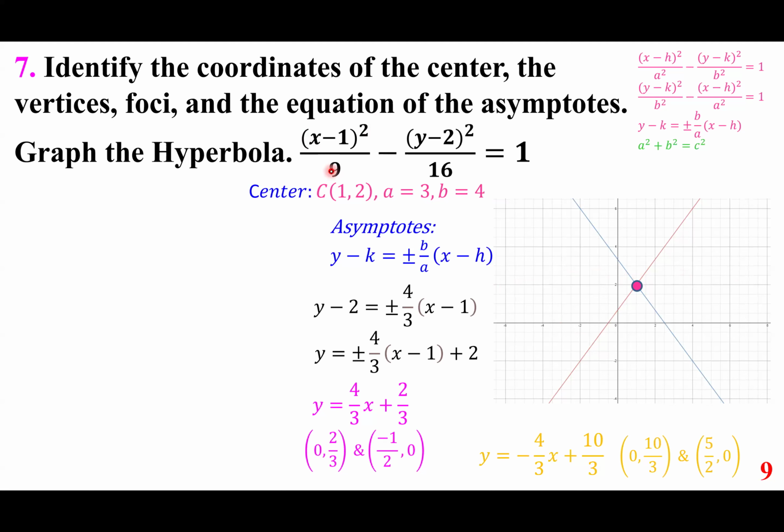A is 3, so we go A equals 3 units to the right and the left of the center. So this is 1, 2. Go 3 units to the right, makes it 4, 2. Or 3 units to the left, make it 1 minus 3, or negative 2, 2.